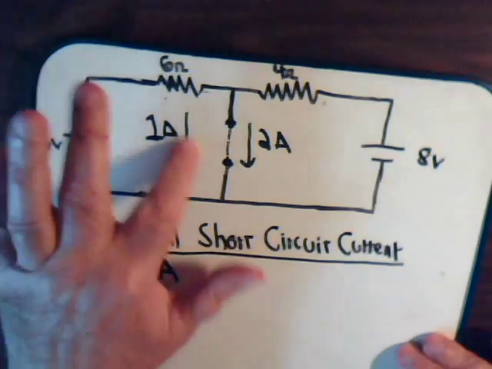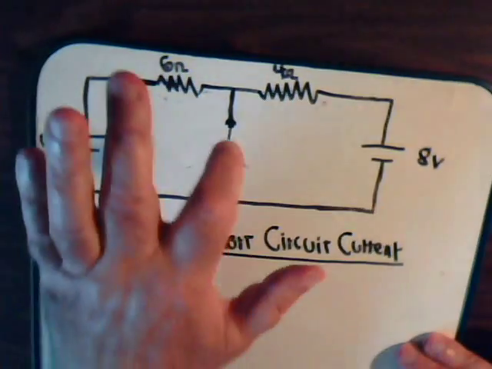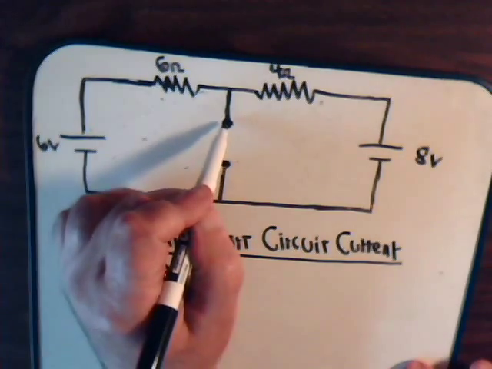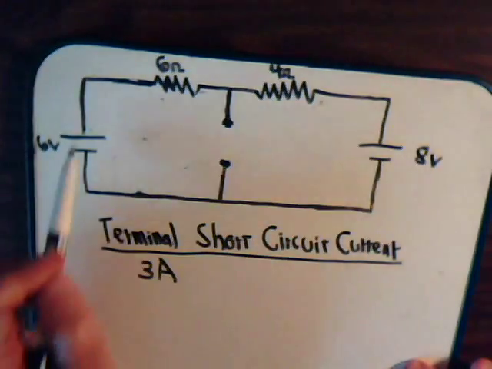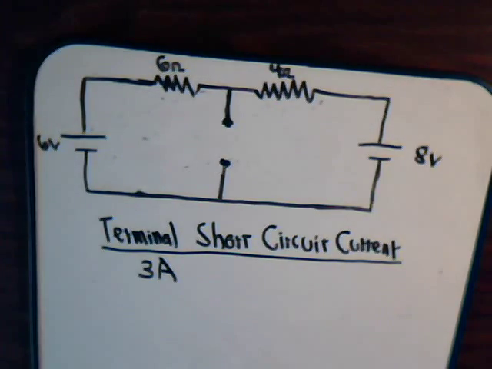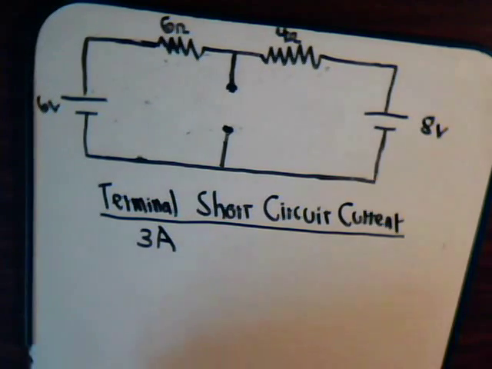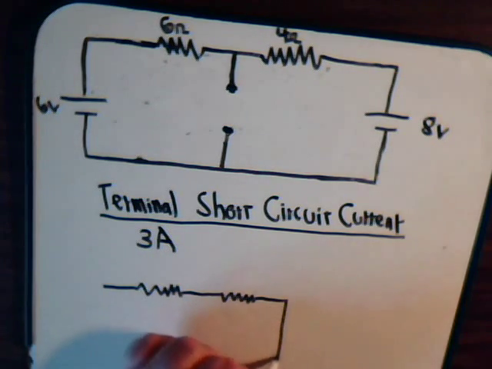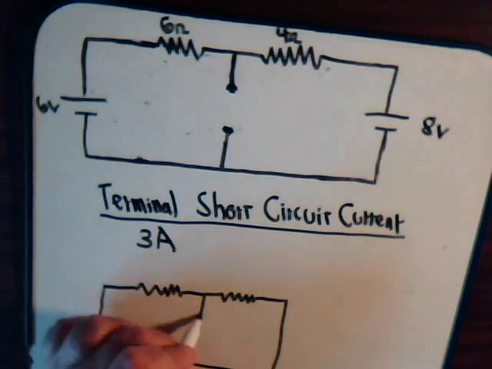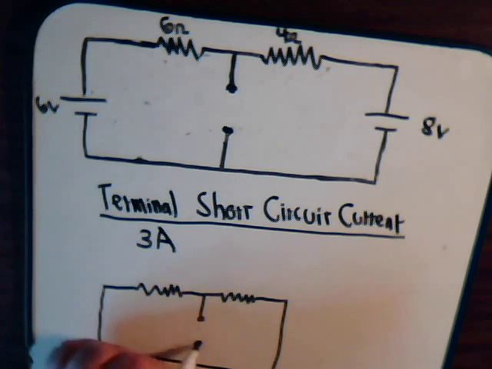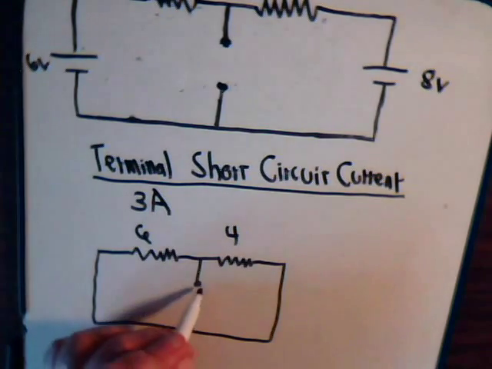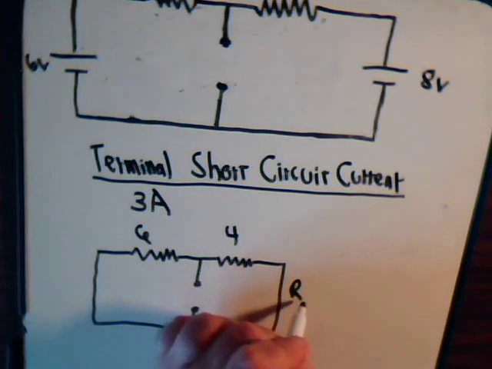And determining that is our first step when we want to determine the Norton equivalent. And then the next step, just like we did before a few moments ago, is to determine the resistance across these terminals after we remove all the voltage sources and all the current sources. So it's just like we did a few moments ago. We have this, 6 and 4, and we ask ourselves, what's the resistance of this circuit across these two terminals, and we just determined that.